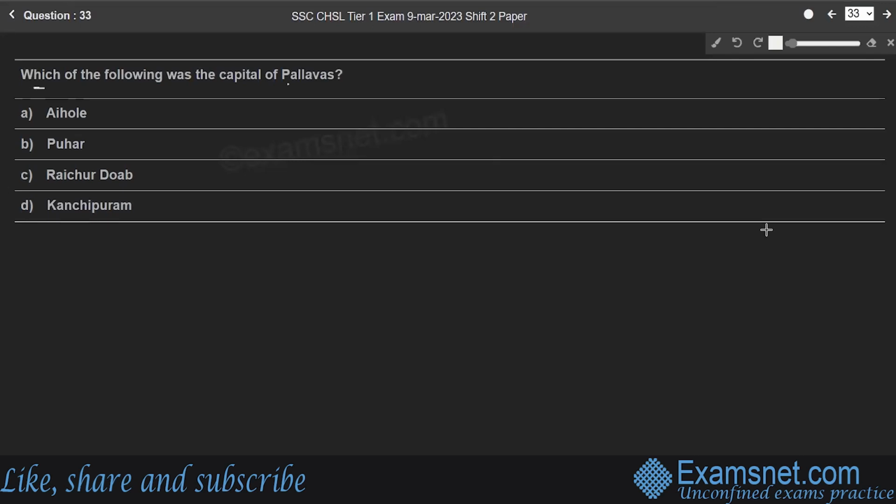Question 33. Which of the following was the capital of Pallavas? Here, students, the Pallavas were one of the earliest dynasties to emerge in southern India, and their capital was Kanchipuram, located in present day Tamil Nadu. Therefore, option D is the answer.